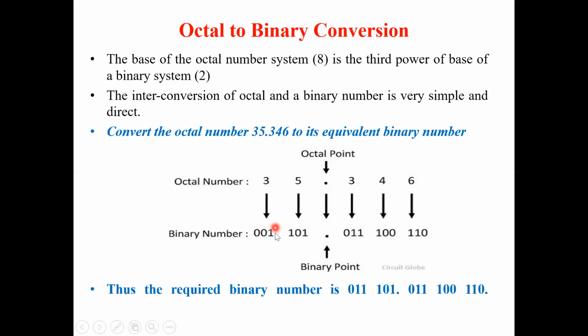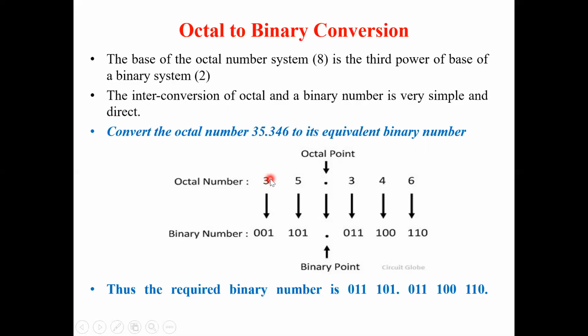So for each octal digit you write the 3-bit representation. The answer is 011 101 . 011 100 110. Write all this continuously, don't leave a space. I've kept a space for your understanding, but it's a continuous string of ones and zeros.